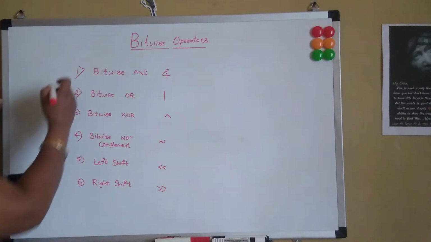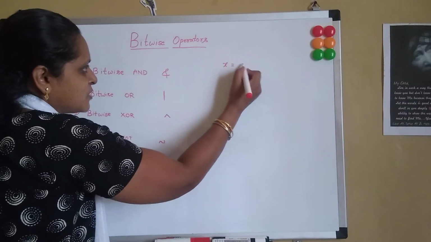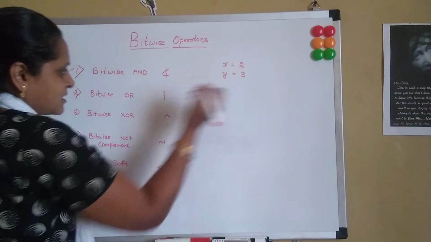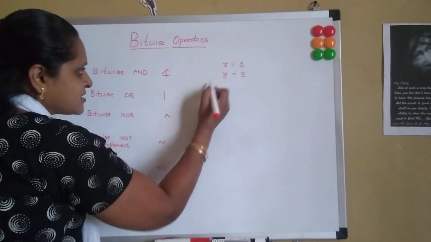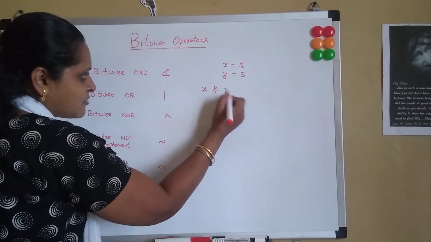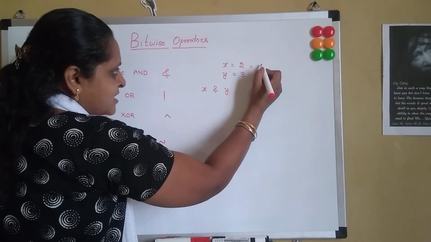First one is bitwise AND. If I take x equal to 2 and y equal to 3, and I want to perform bitwise AND on these two operands, x and y, it will convert into the binary format.